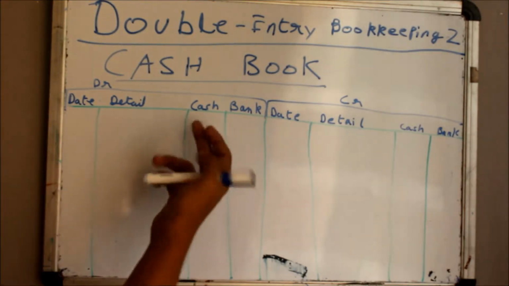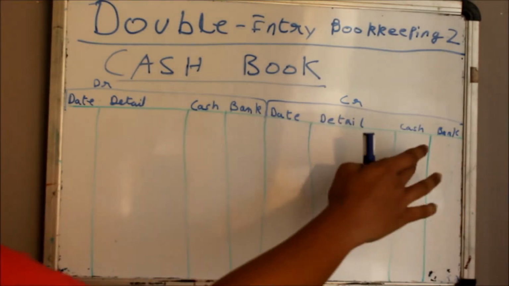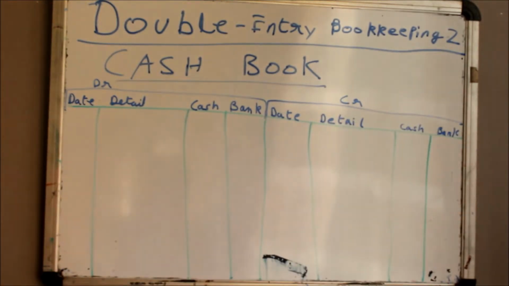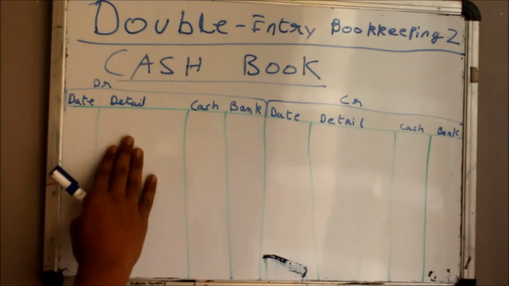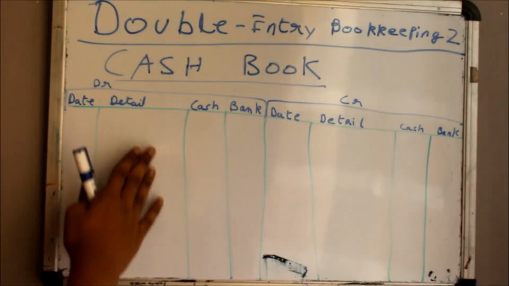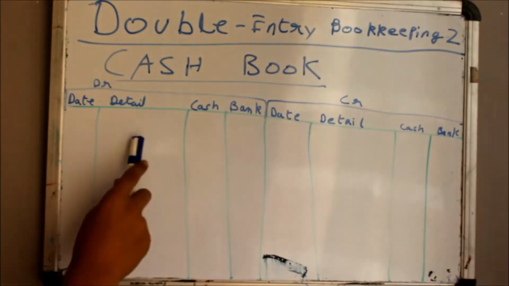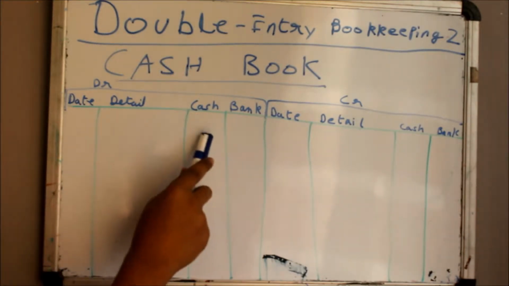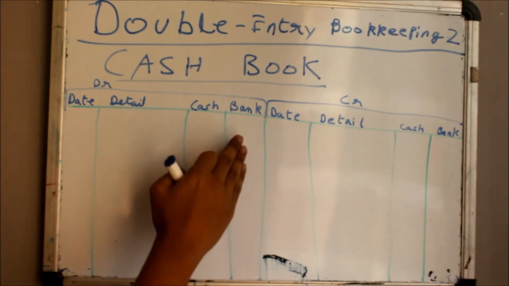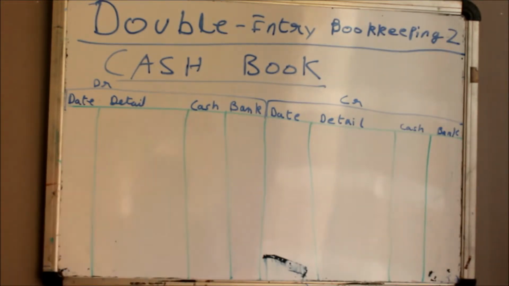On both the sides you can see cash and bank, cash and bank. Now you can use some common sense and try to guess what it is. That's right, on the debit side all the incomes are there, but it's been classified into two types of incomes. One is the income which is received in cash, and one is the income which is received by check or by credit transfers.